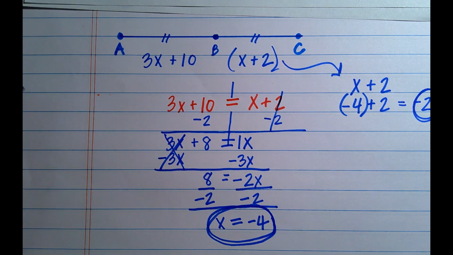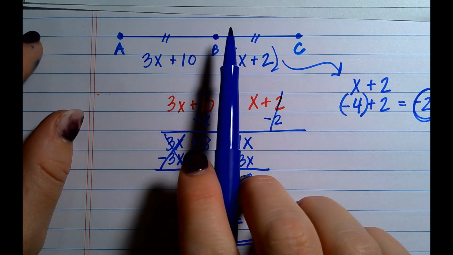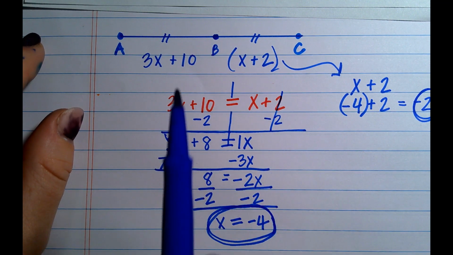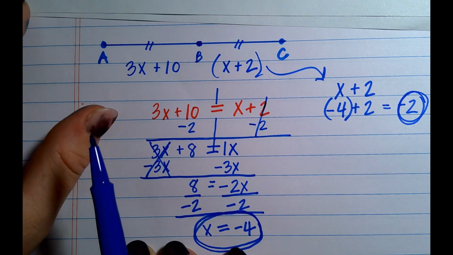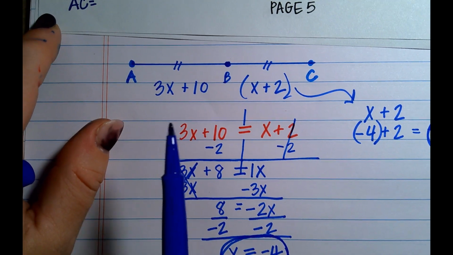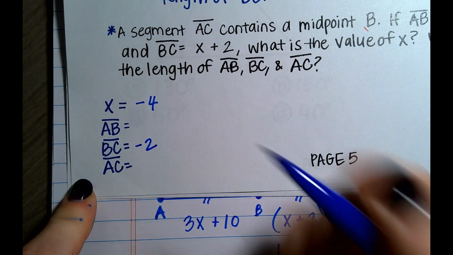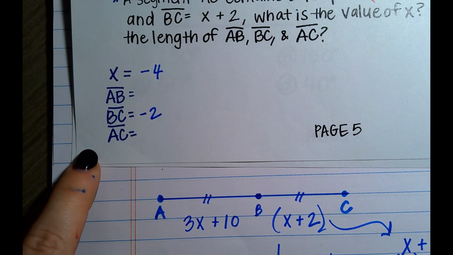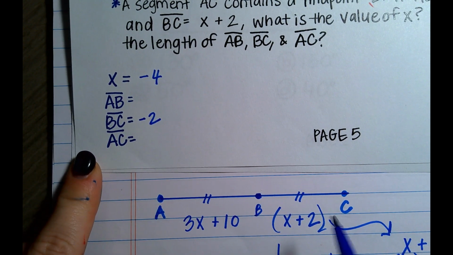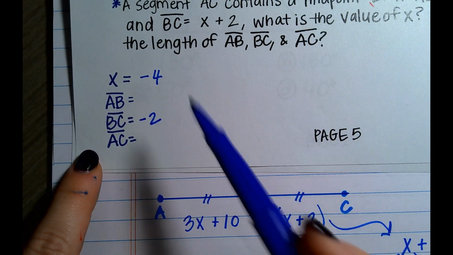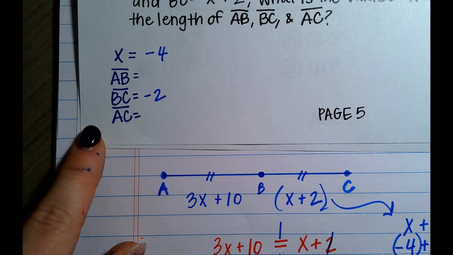Again, you'll see this is where it's not realistic. Because we just solved for the length of B to C, and we got a negative number. That can't happen in real life, but, you know, it happens here. So, B to C is negative 2. What else do I know? I got x is negative 4. I solved for BC.